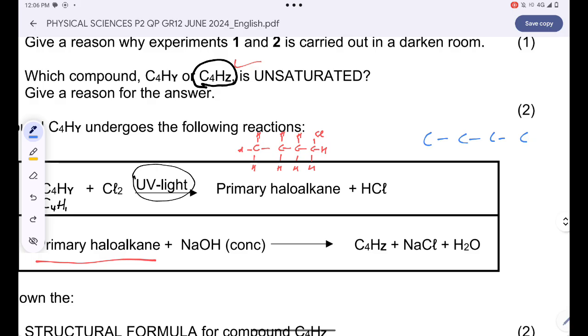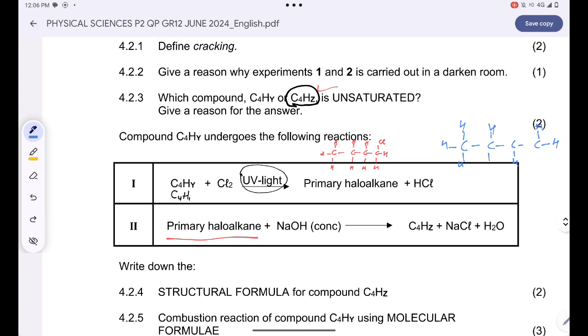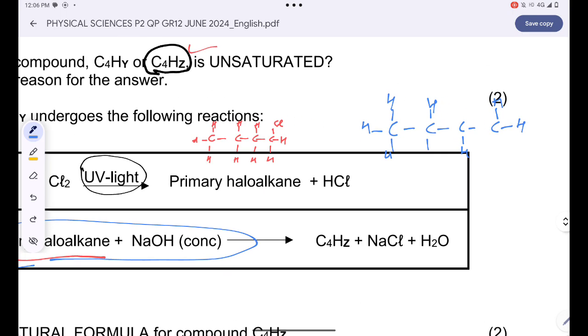C4. I'll have my hydrogens over there. Please remember that, guys, this type of reaction is an elimination reaction. For an elimination reaction, we are going to use Zaitsev's elimination rule. So we'll just eliminate the hydrogen there and the chlorine there.